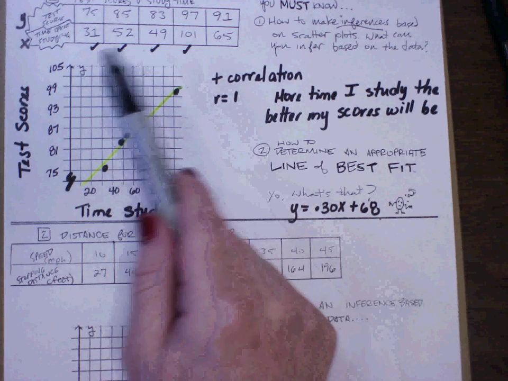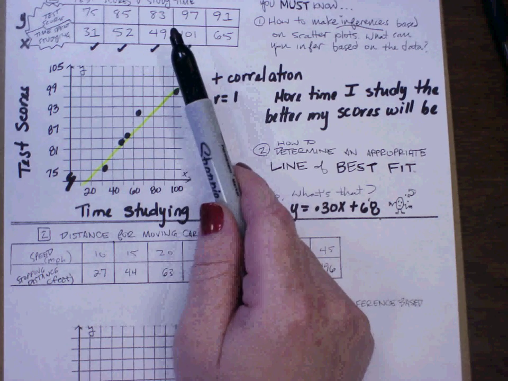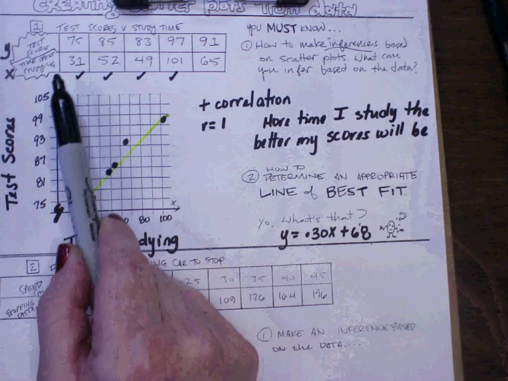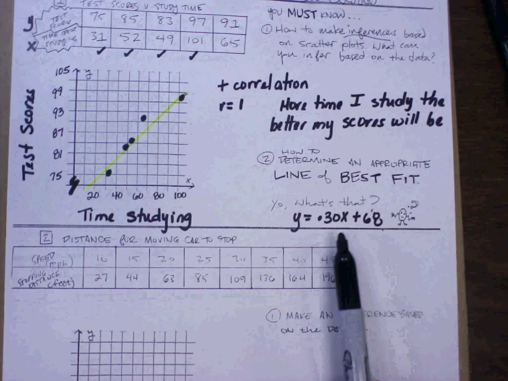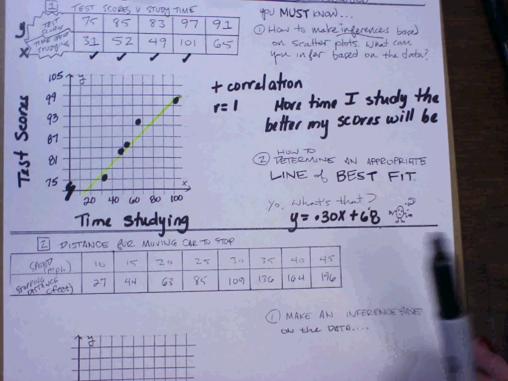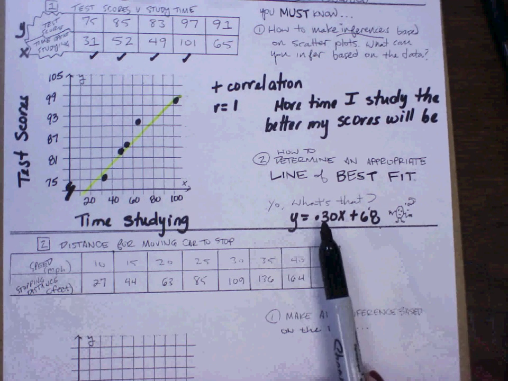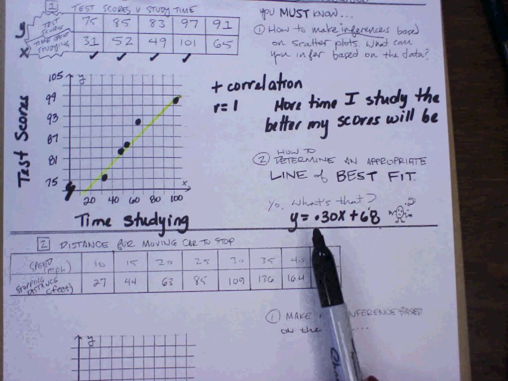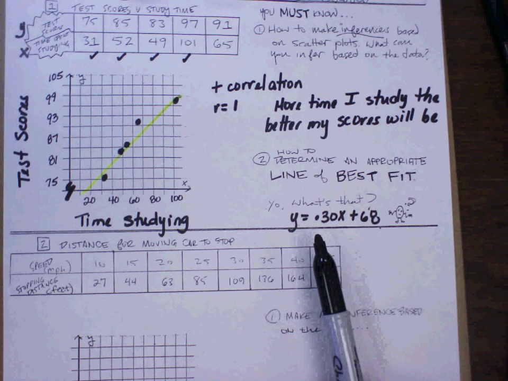That would be good studying for a semester or something like that, but not one test, right? So I'm assuming that these are minutes. So for every minute that you study, your grade goes up how much? 0.30 or 0.3, right? So 1 minute, 0.3, 2 minutes, 0.6, right? 3 minutes, 0.9, and so on. Are we good? All right.